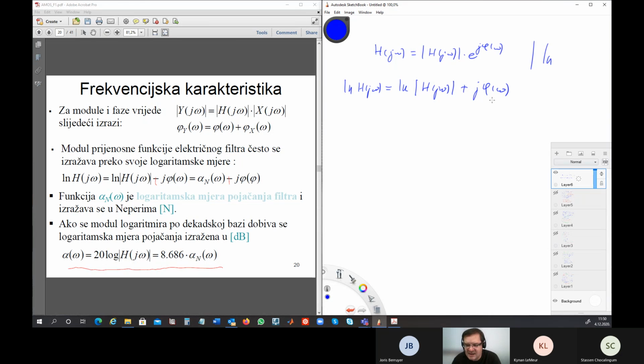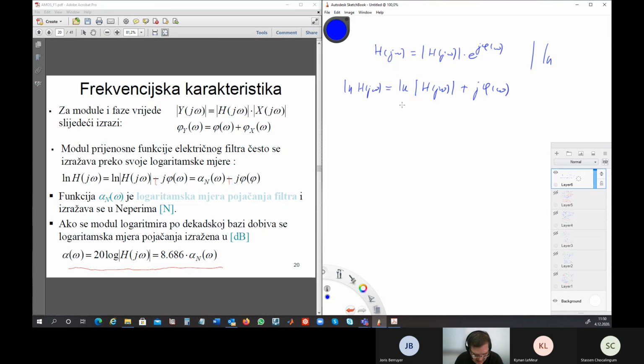Why is logarithmic representation so useful? This is because it gives us a very wide presentation of the frequency scale. You will see, and a very wide presentation of the values of absolute H of s.